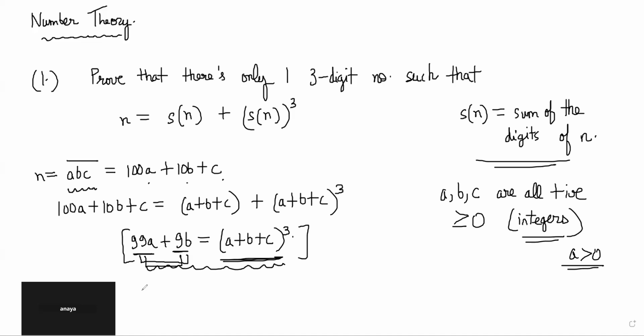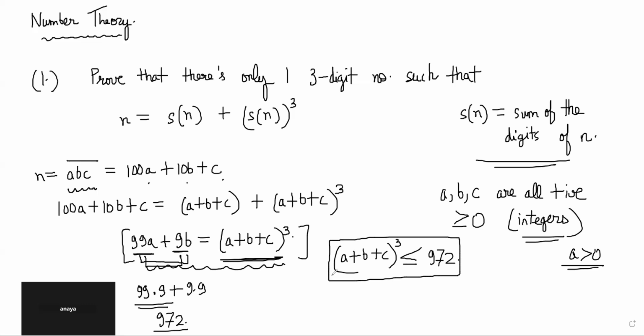So what is the maximum value? 99 into 9 plus 9 into 9. So that becomes 891 plus 81, so 972. So we know for sure that (a plus b plus c) whole cube is less than or equal to 972, which gives us the upper limit of a plus b plus c.